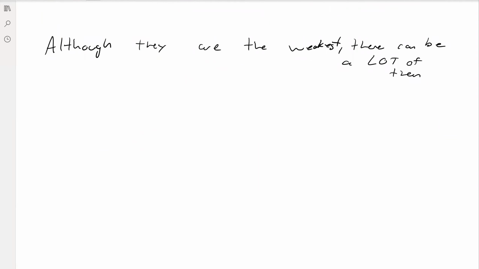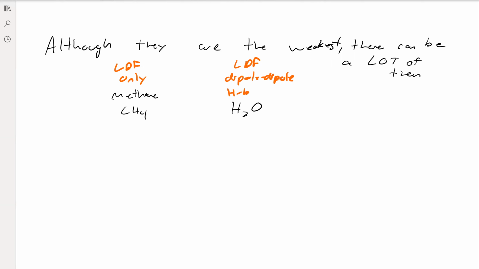So for example, methane, CH4, compared to water. Methane has only London dispersion forces. That's the only intermolecular force that it has. Water has London dispersion forces, dipole-dipole forces, and hydrogen bonding. We'll learn about these intermolecular forces soon. So it has a lot more intermolecular forces, right?